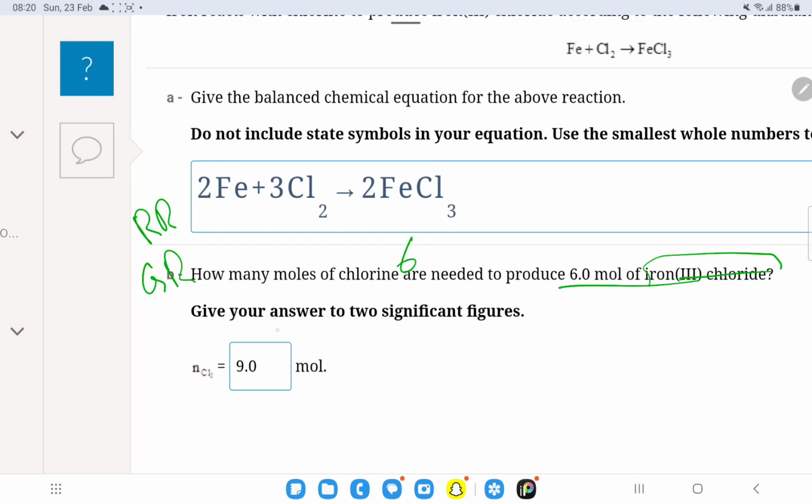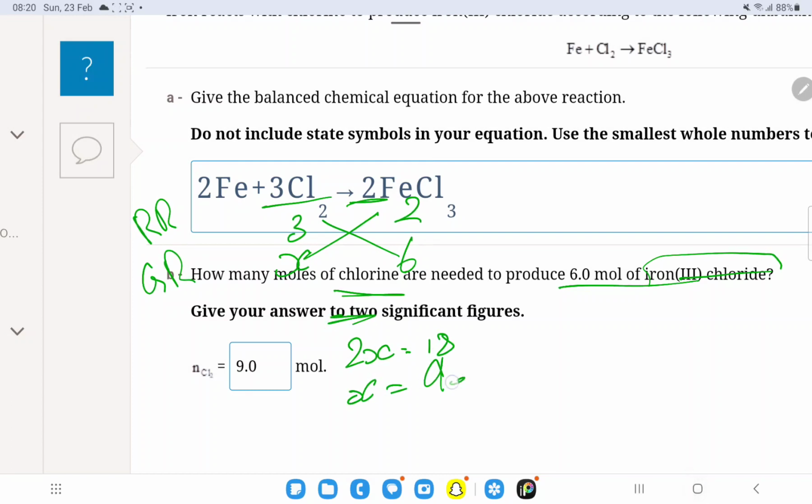And they want us to find the amount of chlorine, so X. And the RR, 3 moles of chlorine and 2 moles of iron chloride. You cross multiply. 2x equals 18 and x equals 9. Two significant figures, so 9.0.